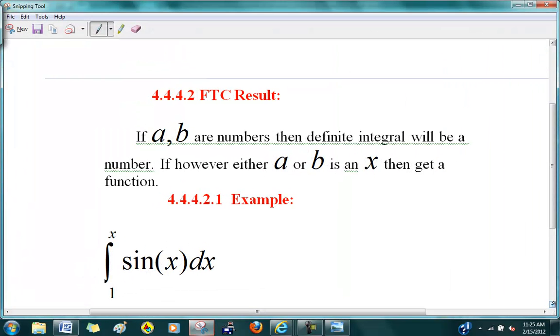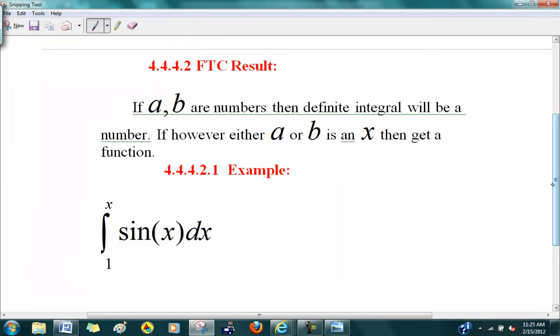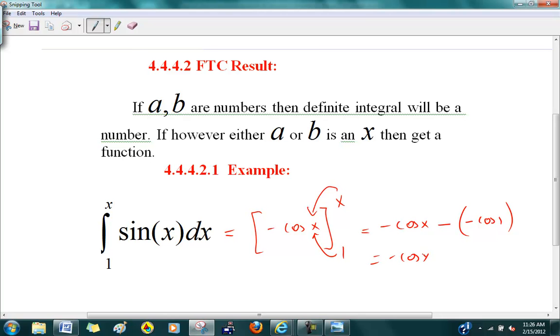You know the antiderivative of sine is minus cosine, and your limits are x to 1. So first you put in x here and you get minus cosine x, then you put a minus sign, and then you put a 1 in here. So that'll be minus cosine 1. So you get minus cosine x plus cosine 1.